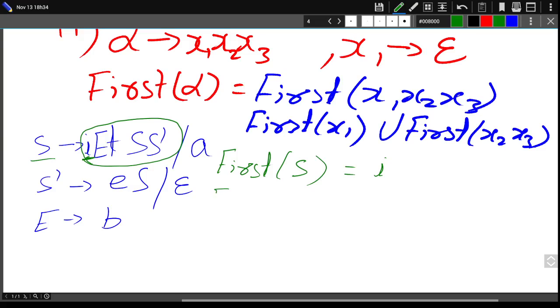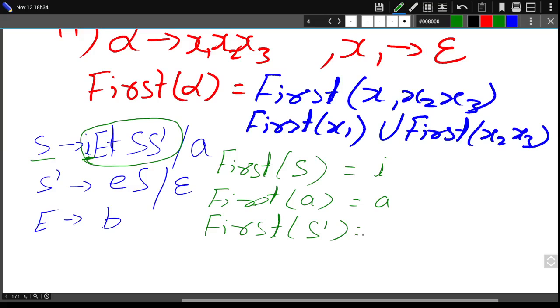If I ask you first of A, first of A is A itself, okay. If I ask you first of S dash, so first of S dash is first of this part, suppose E.